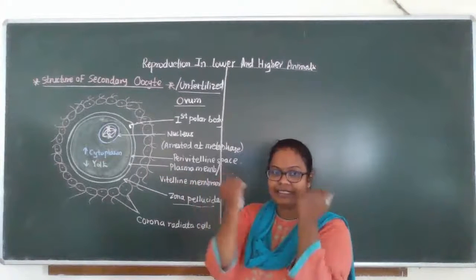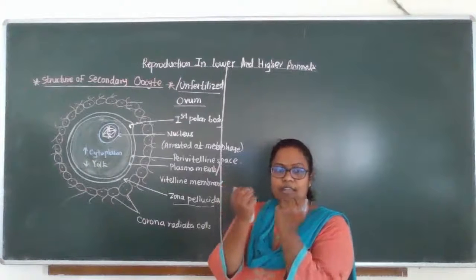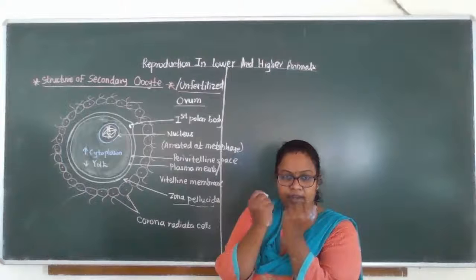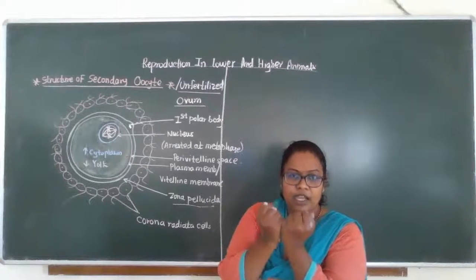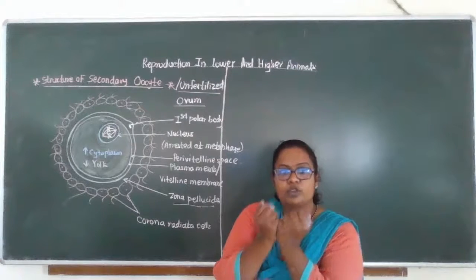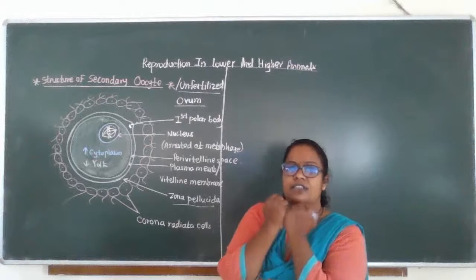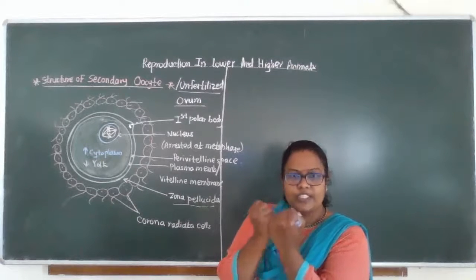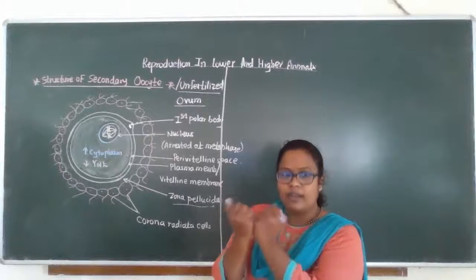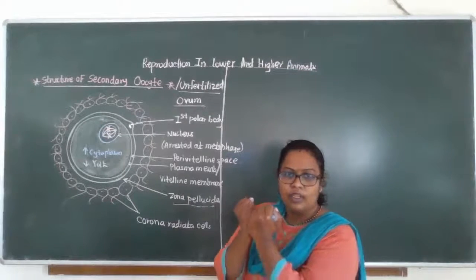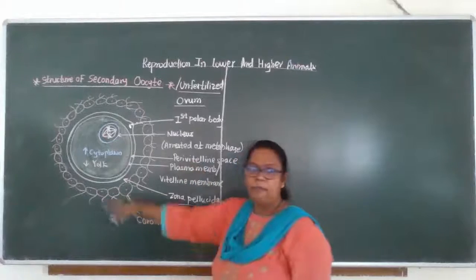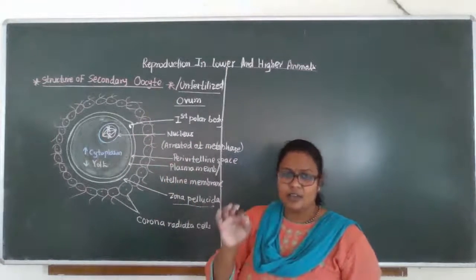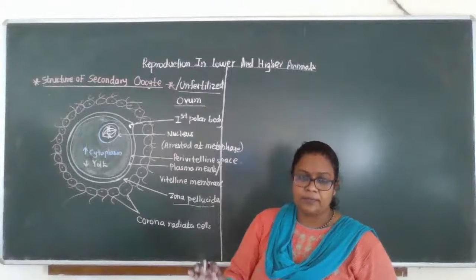So this hyaluronic acid gives tight junctioning, or they are just glued with each other, so no one can enter inside it. No other can penetrate it.